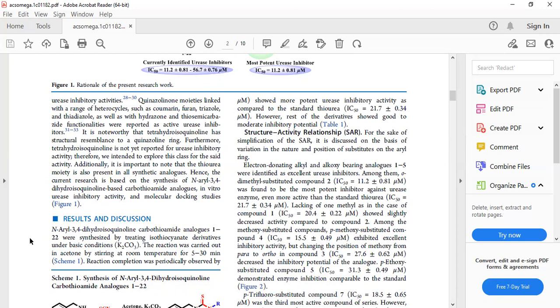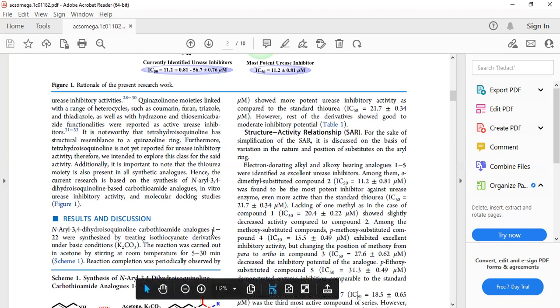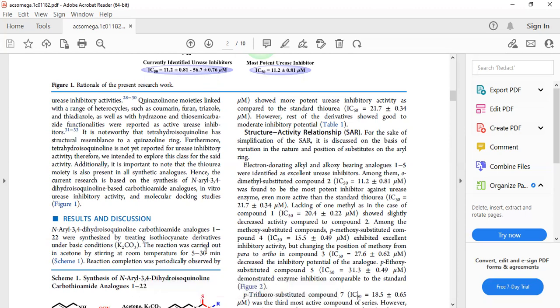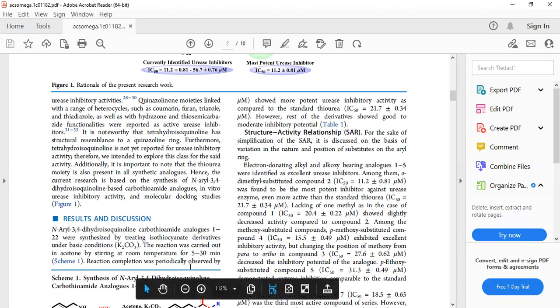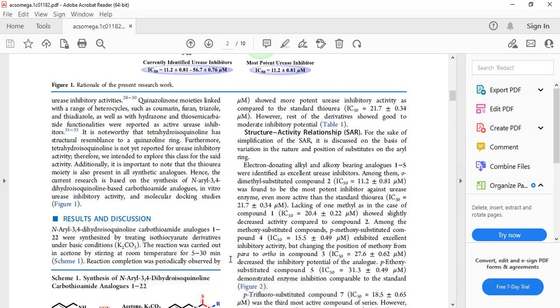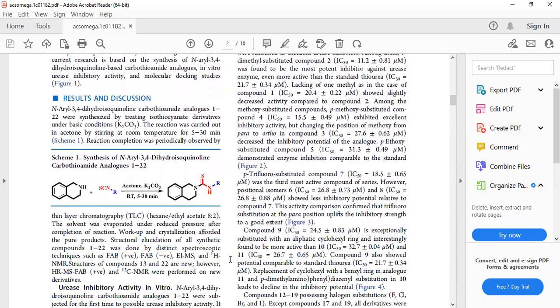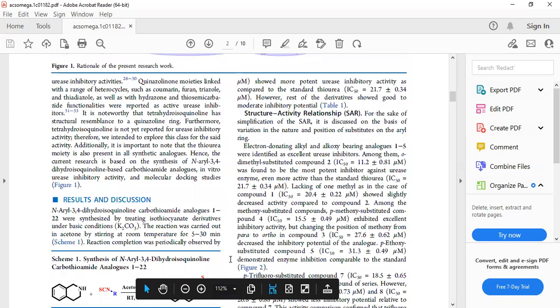Let's read: different dihydroisoquinoline compounds were synthesized by treating different isocyanides under basic conditions, and the reaction was carried out in acetone by stirring at room temperature for 5 to 30 minutes. The reaction was monitored by TLC, thin layer chromatography, and this is our result and discussion portion.